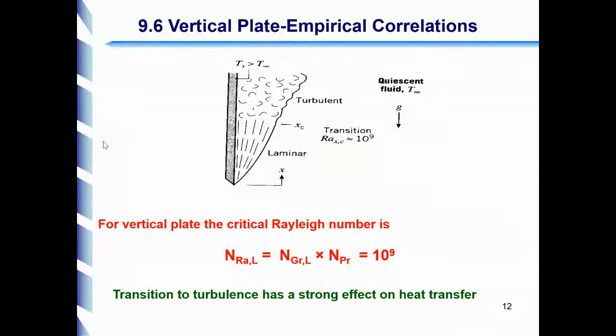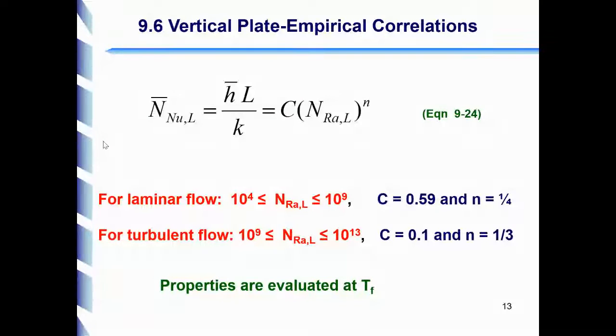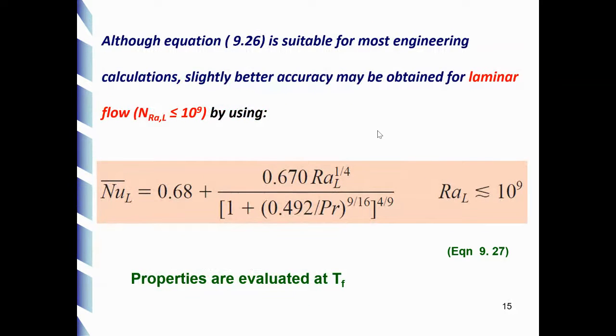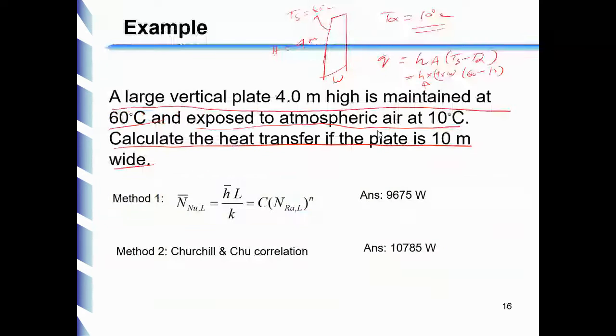Then go to the equation. How many equations do we have for a vertical plate? We have one general equation, then the equation for laminar flow only, and then we have the Churchill and Chu equation.